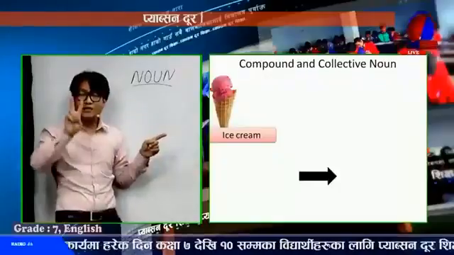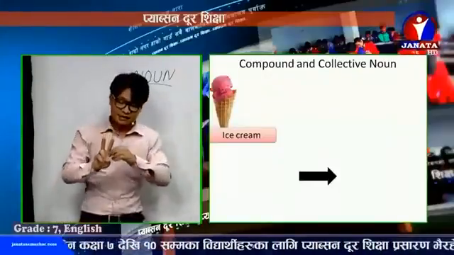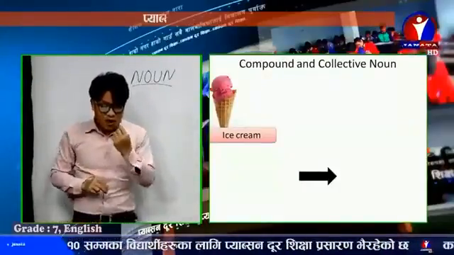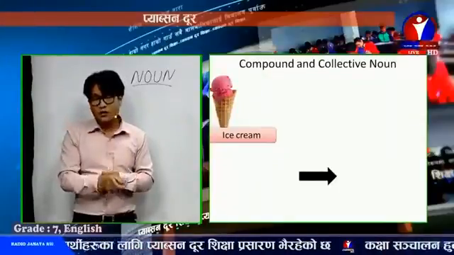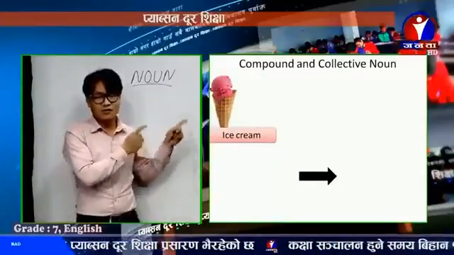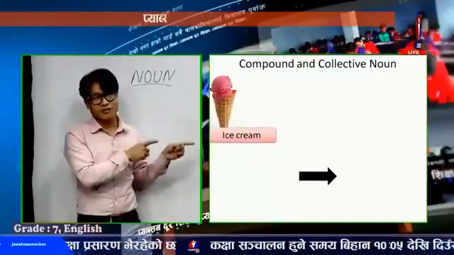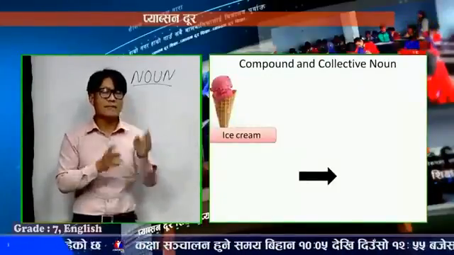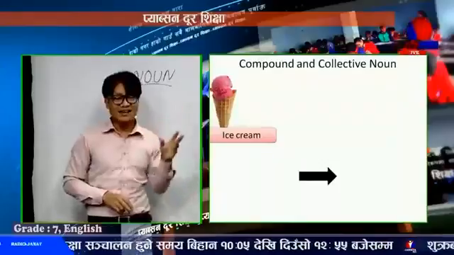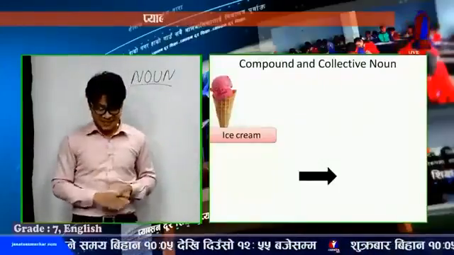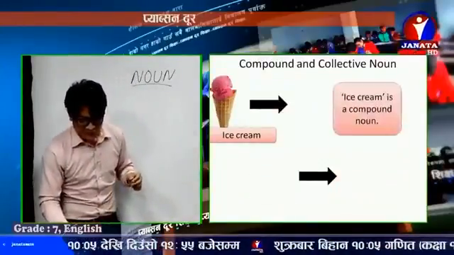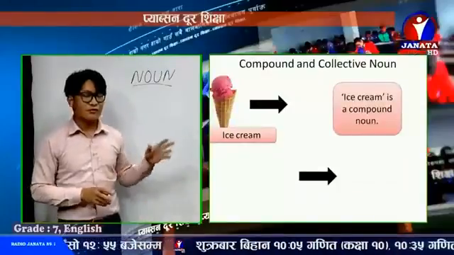So it has two words and has made one word, so it's called a compound noun. Ice cream is a compound noun because it is made of two words, ice and cream.